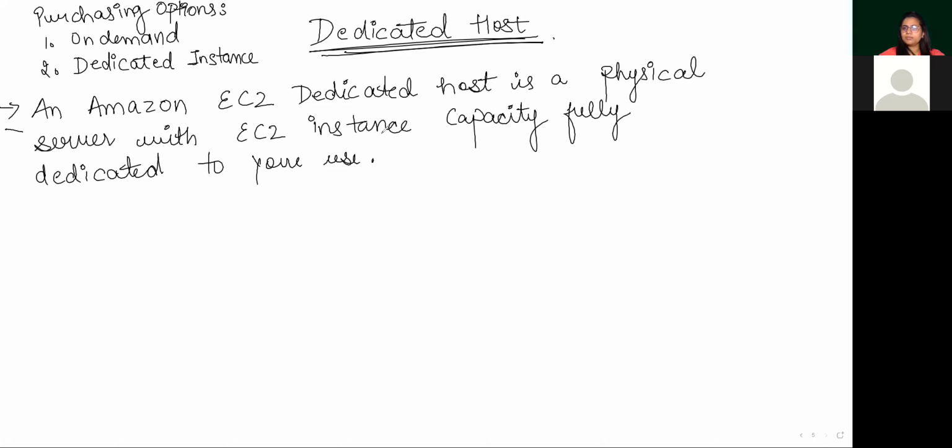Means now what they are saying is that we will provide you a dedicated host which will be a physical server with EC2 instance whose capacity will be fully for your use.